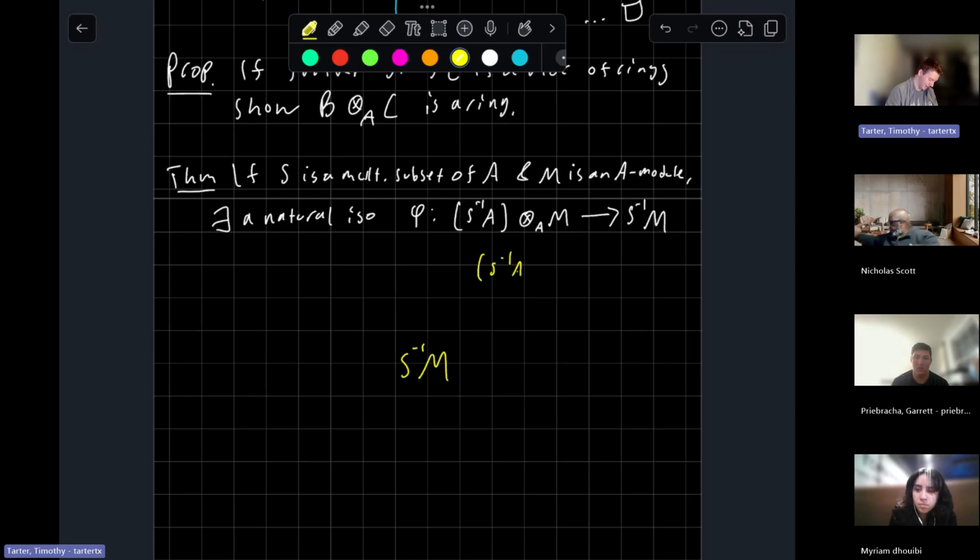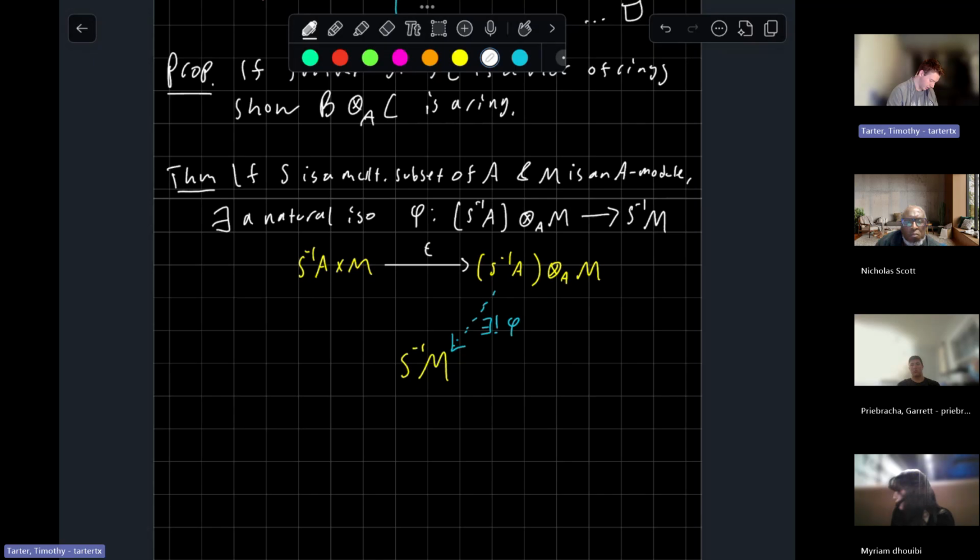S inverse A, tensor product M, and then S inverse A, Cartesian product M. Boom. There exists a unique phi, and then T prime.